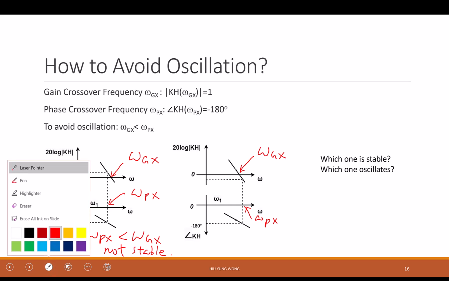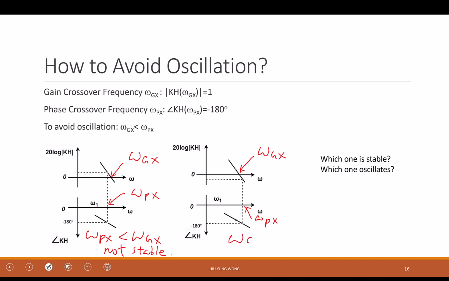In this case, I say the phase crossover frequency is larger than the gain crossover frequency. It means that you already drop the gain, I mean, not the gain, but the KH, the loop gain, to be less than 1 before I reach negative 180, before I'm going to have true positive feedback. Then this is stable.